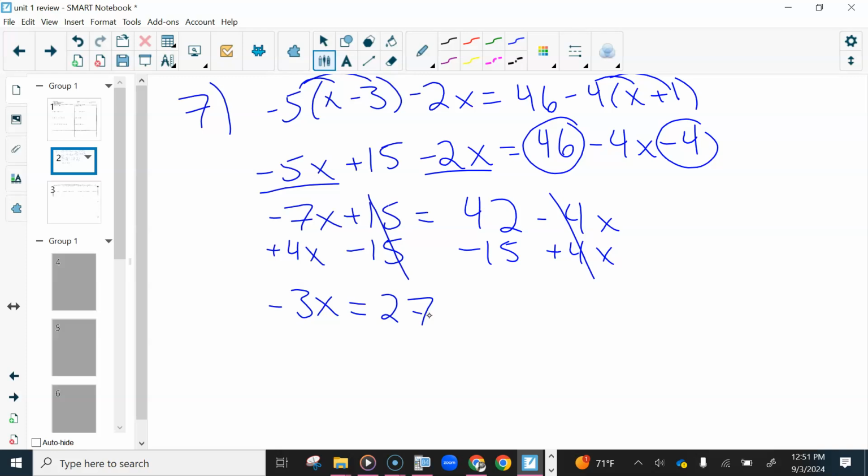And when we do that last step, divide, what would our x be? Negative 9.